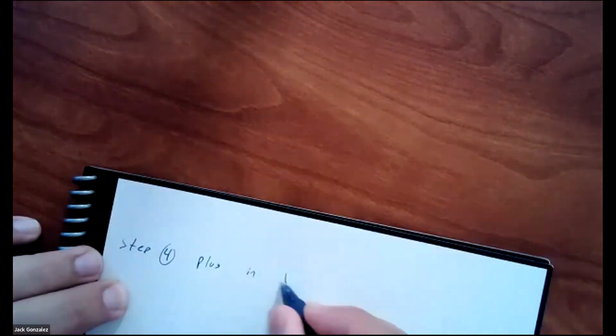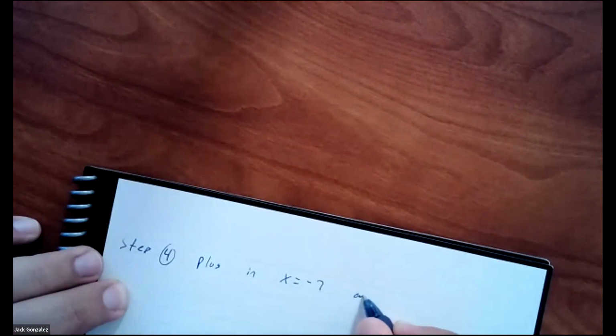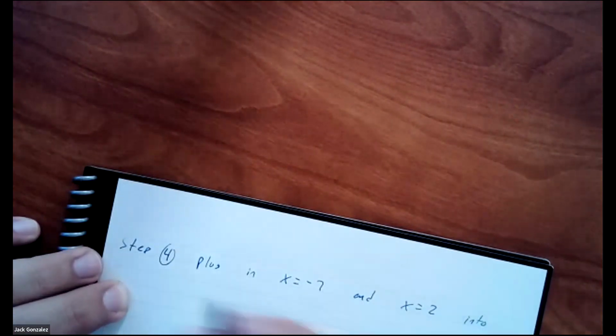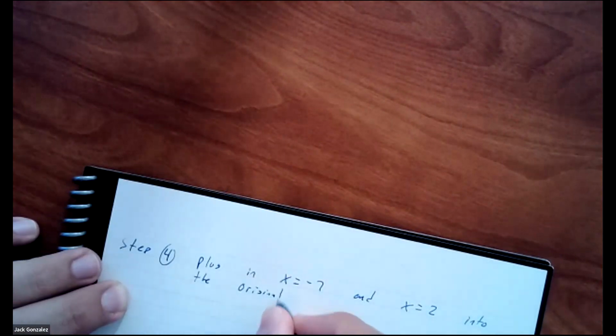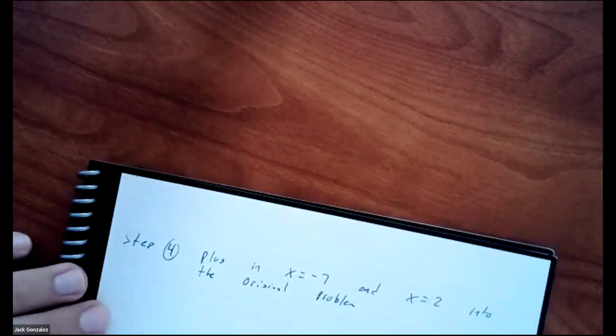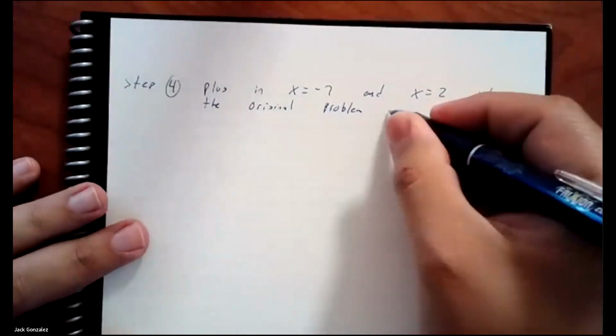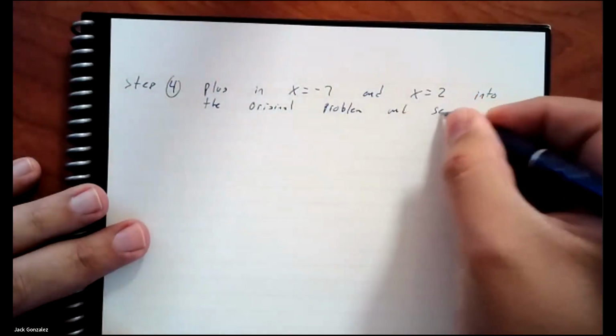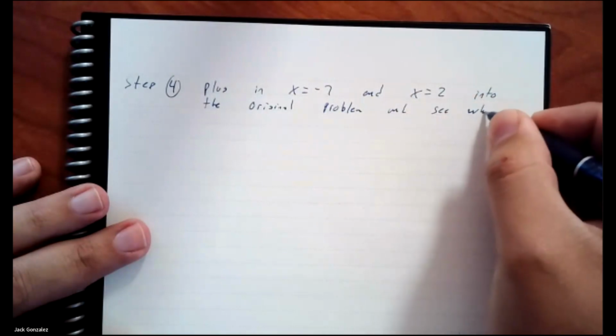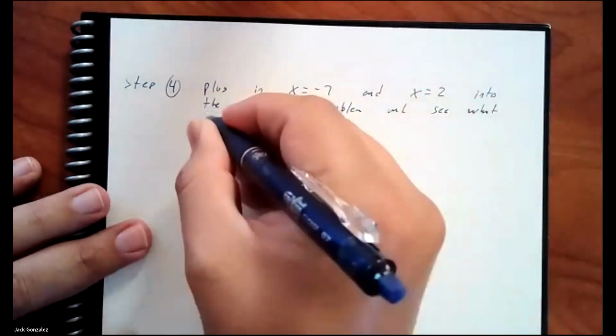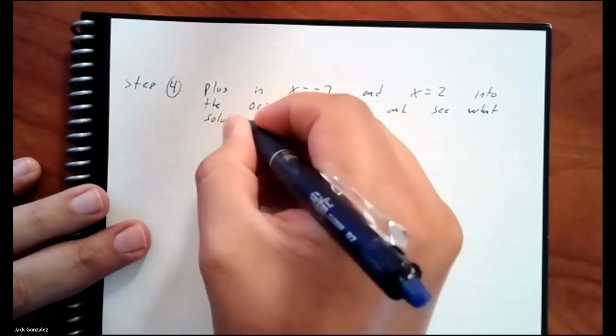Plug in x equals -7 and x equals 2 into the original problem, solve it, and see what solutions work.